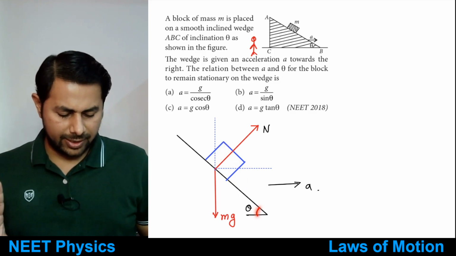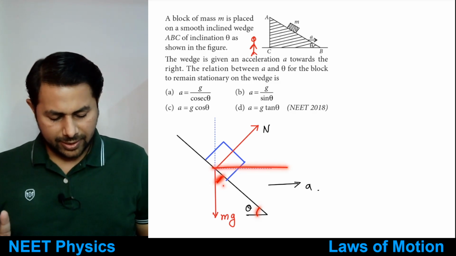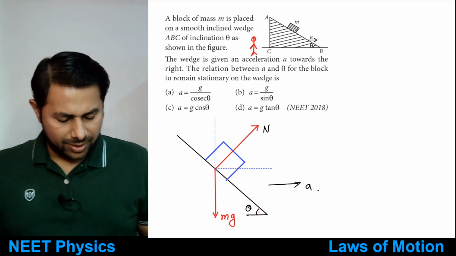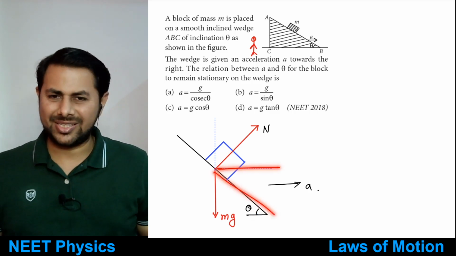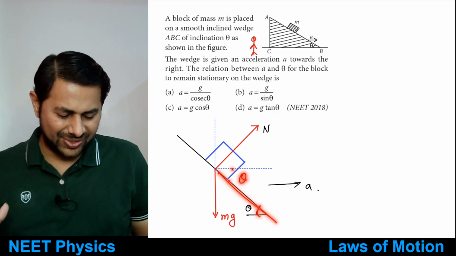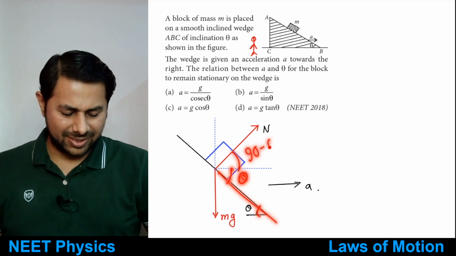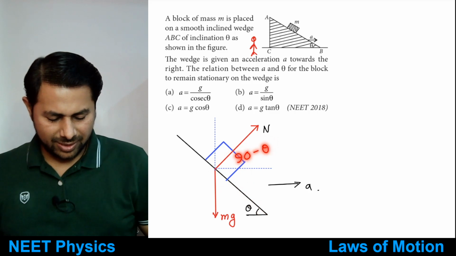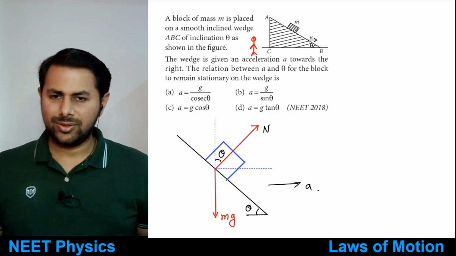Two parallel lines and the intercept, so this angle is theta, so this is also equal to theta. This one is going to be equal to 90 minus theta because this total angle is 90 degrees. And if this is 90 minus theta, then this angle is going to be equal to theta.